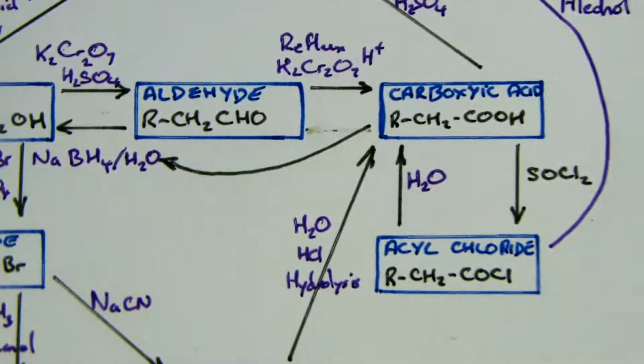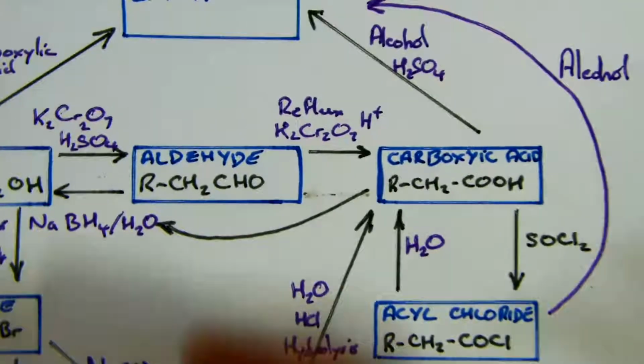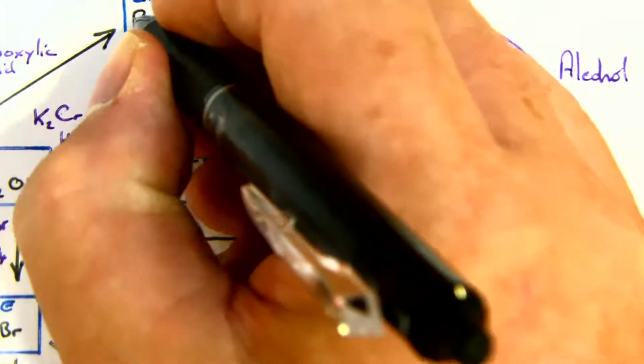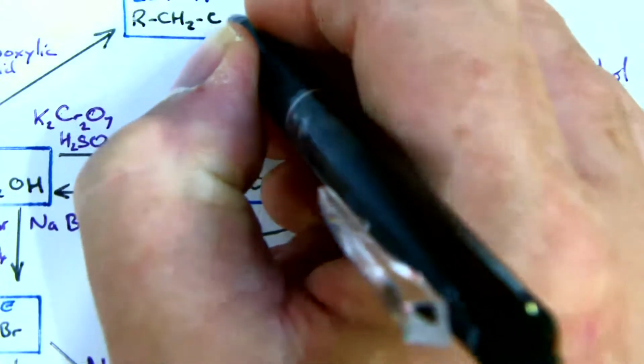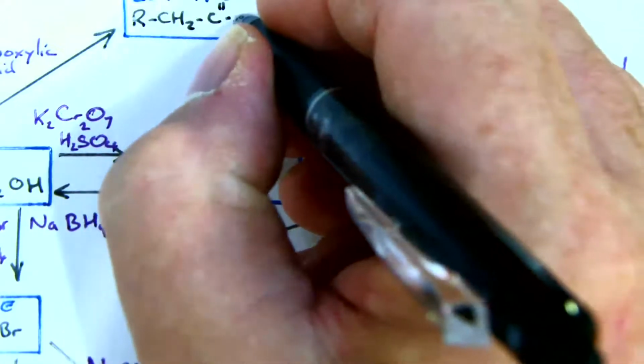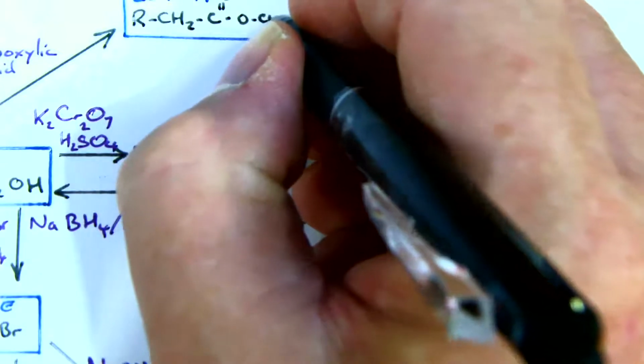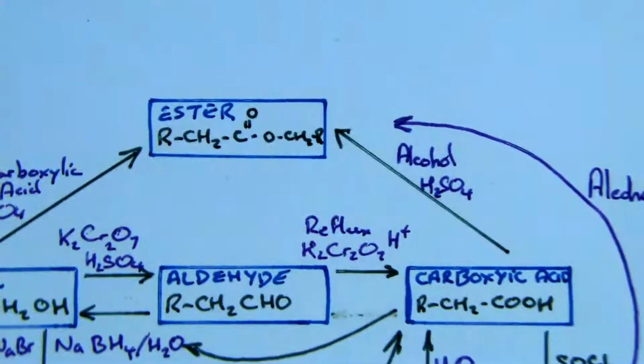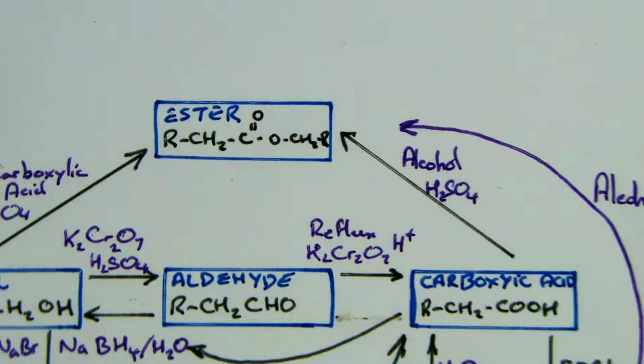I didn't draw in the thing for an ester, did I? Yeah, this is going to be more fun. There. Not quite enough room to get the box in. Okay.